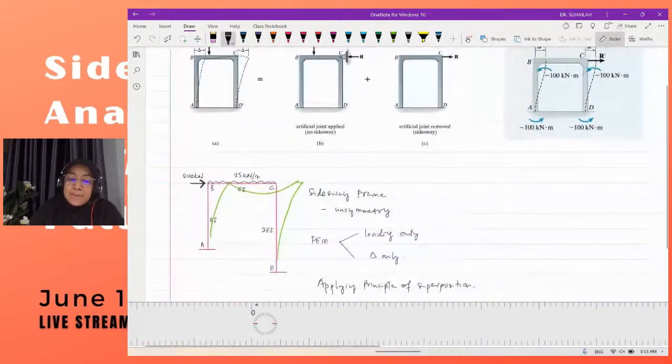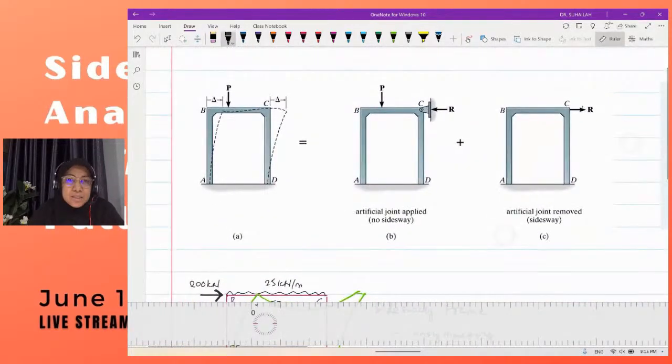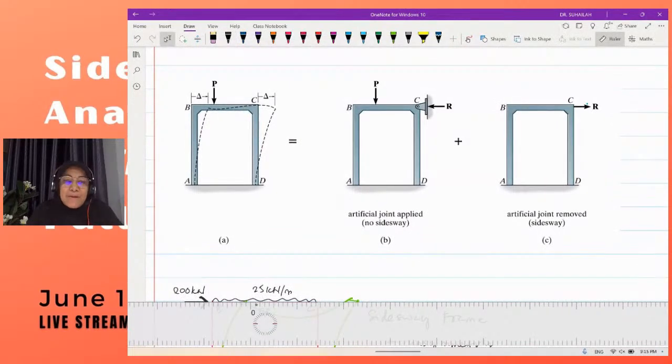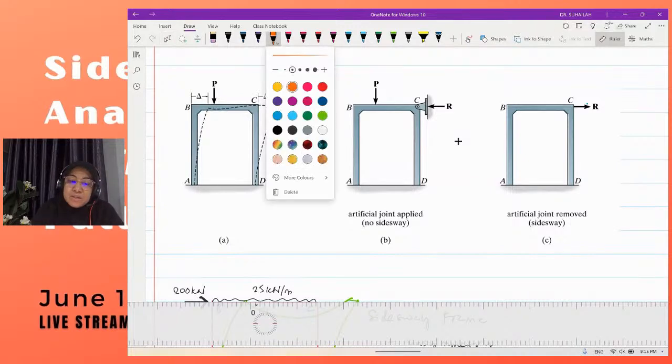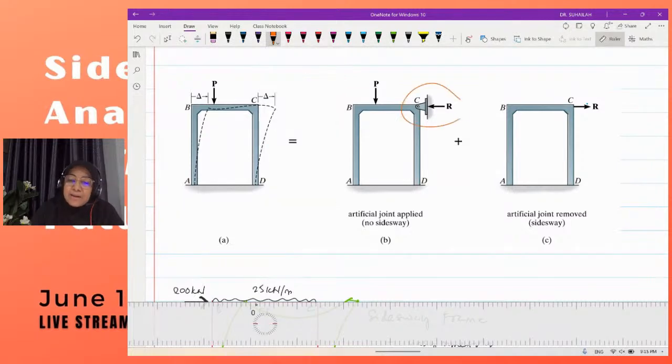The concept is like this. Whenever we want to analyze FEM due to loading, we have to put an artificial support at C, so that we remove the delta.